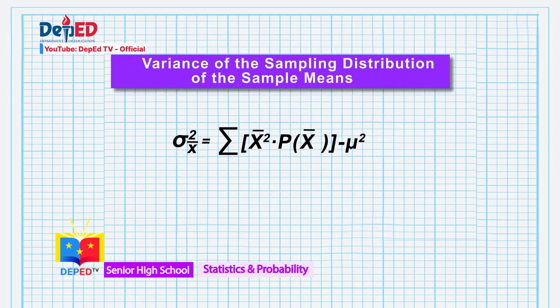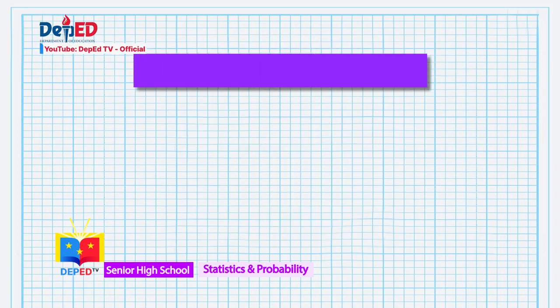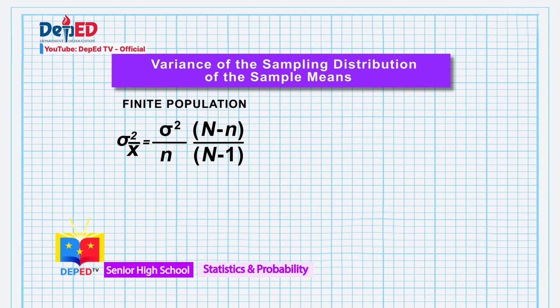Another formula would be the one shown, where mu squared is the square of the population mean, and the summation is the sum of the products of the sample mean and the probability of the sample mean. We may also separate the formula for the finite and infinite values as shown. The formula for finite population is shown, and the formula for infinite population is shown.